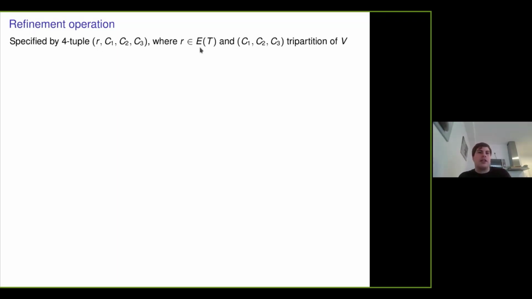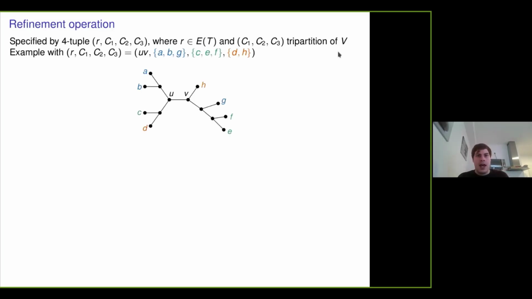I think of this edge as the root of this branch decomposition, and then we have some tripartition C1, C2, C3 of our ground set V. Let's look at an example where this root edge r is the edge UV, and this tripartition of the ground set is ABG here, CEF here, and DH here.